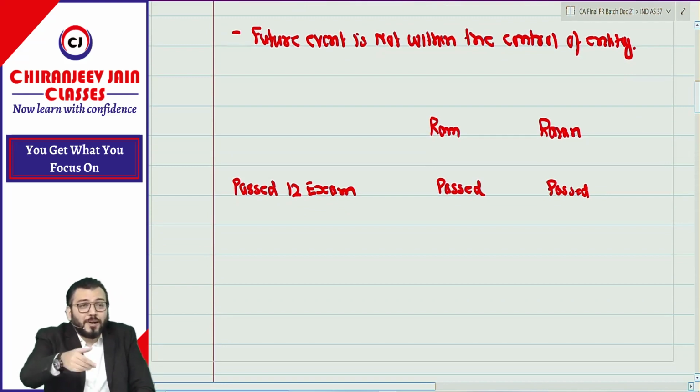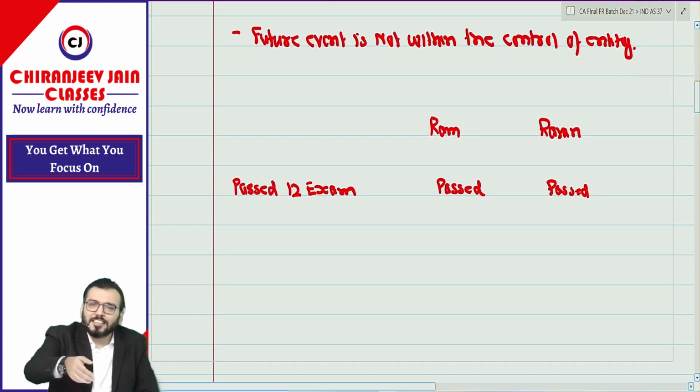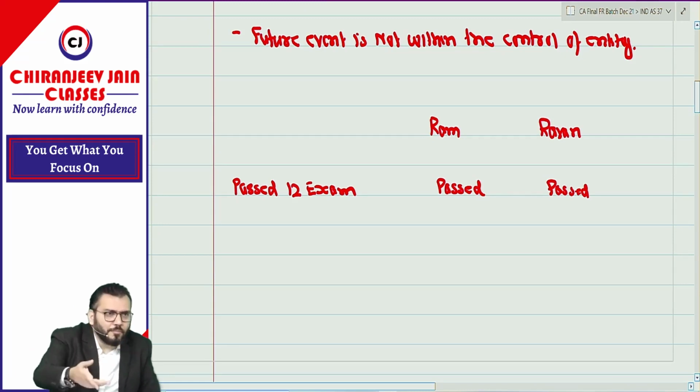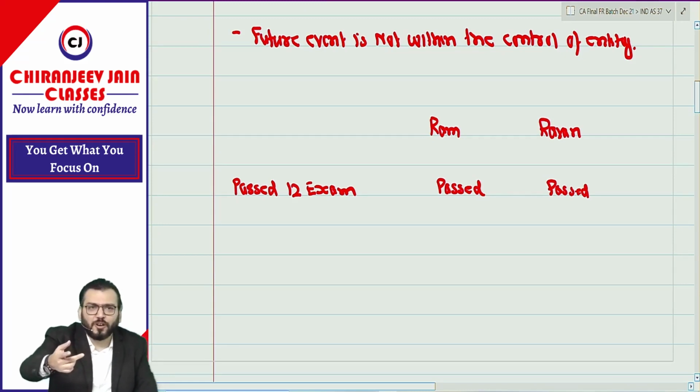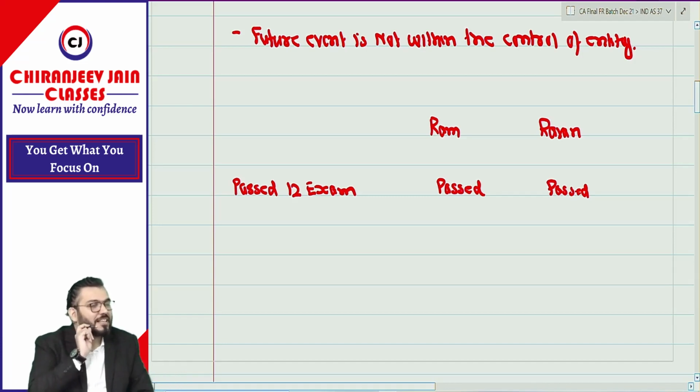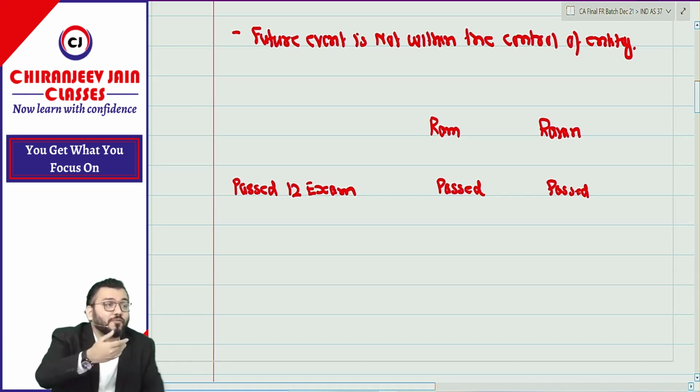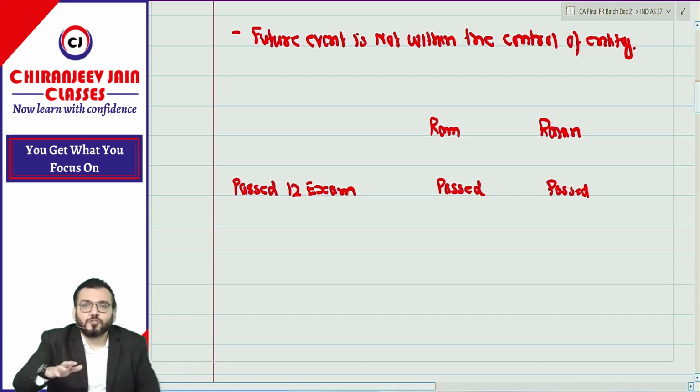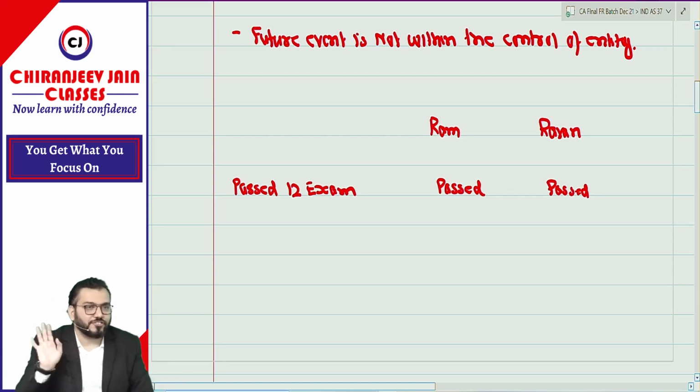Now, once they pass the 12th exam, either they will register for BCom. Have you registered for BCom? Have you gone to college? Only for writing the exam. Either you may opt for only college or you may opt for only chartered accountancy.